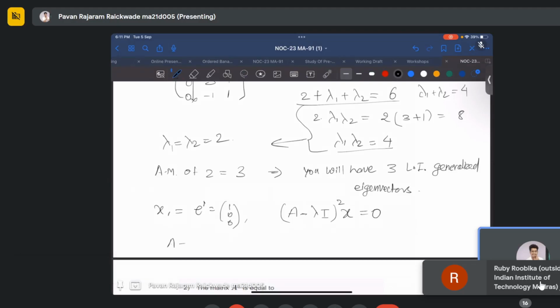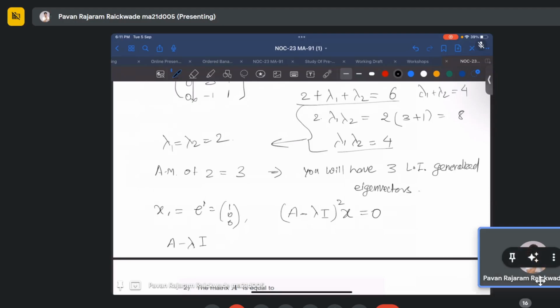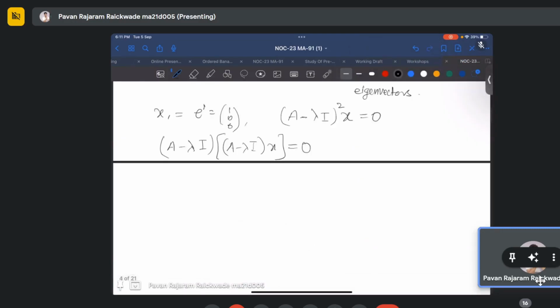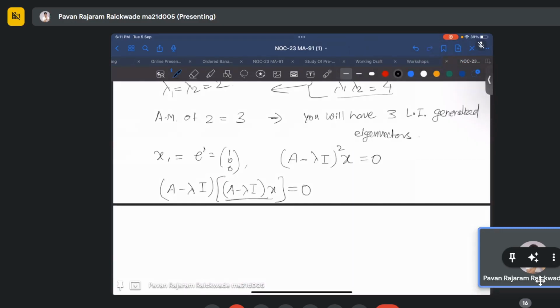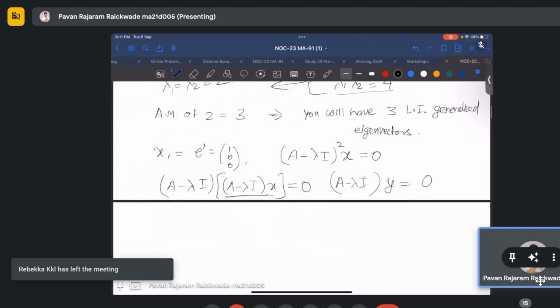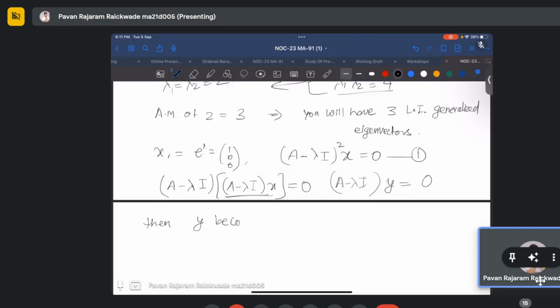It is A minus lambda I applied to (A minus lambda I) x, right? If I call this vector y, then if x satisfies equation 1, y becomes an eigenvector, right?